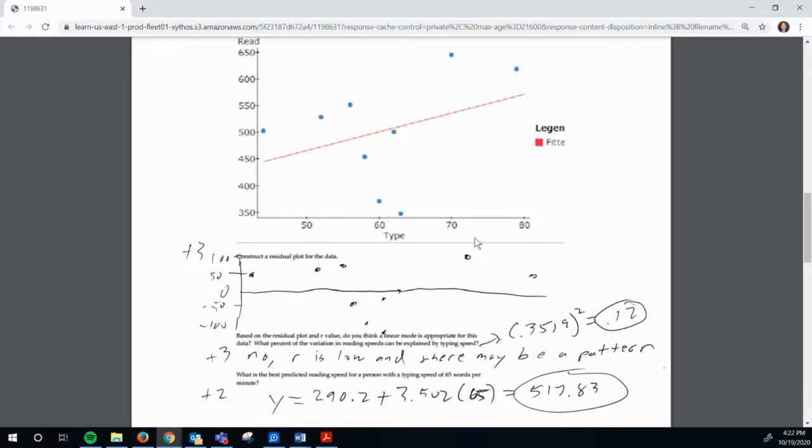So let's just say, what are some reasons why a car might depreciate? You can give me some variables. Why would a car depreciate? As in, is worth less and less. Yep, wear and tear, very good. What else?